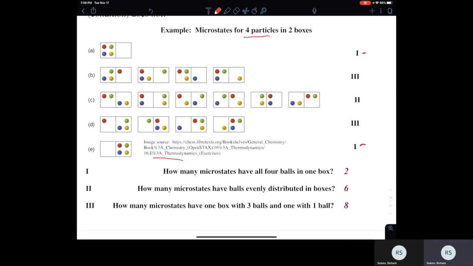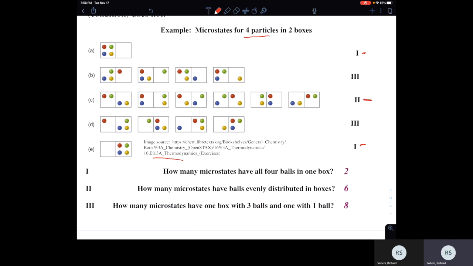Now, of course, you could say left or right, or you could combine them into one description. And then my Roman numeral 2 is a description where each of the boxes gets two bean bags. But there are 6 different variations that match that description.